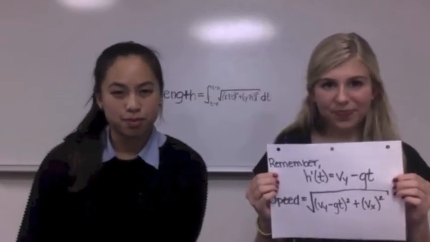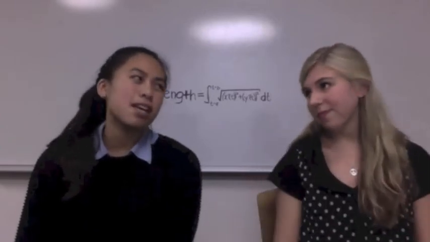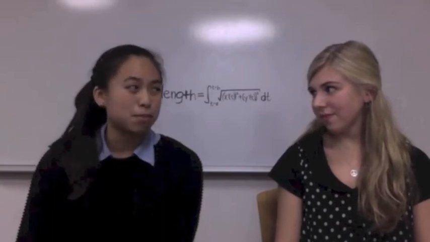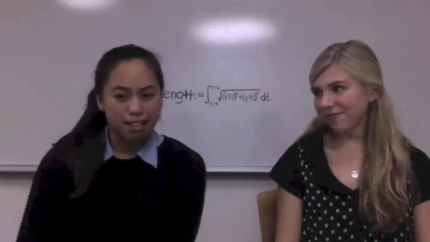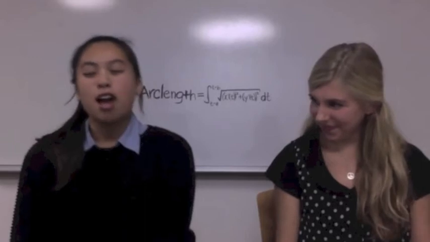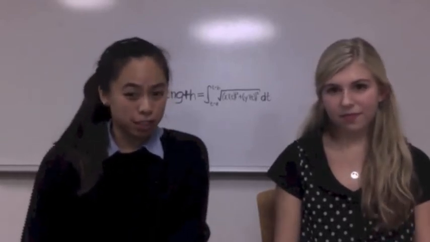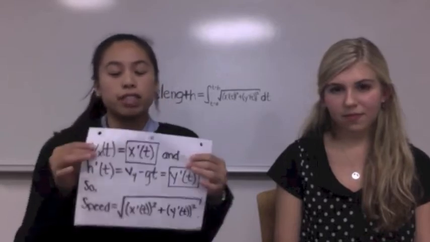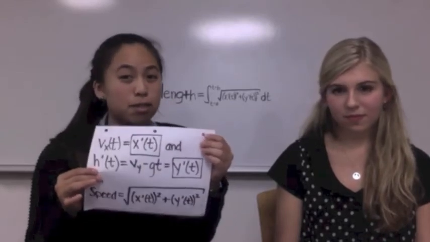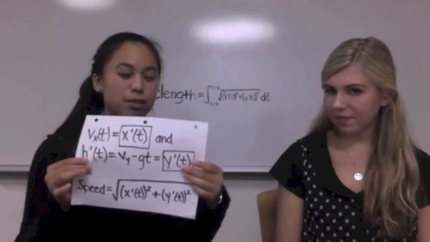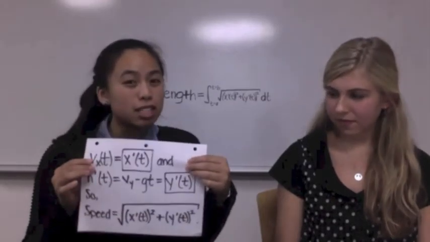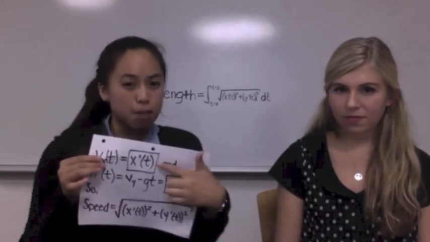vx being the horizontal velocity. Well, can't we simplify this in any way? I mean, we're talking about college basketball, not some math class. What do you suggest? Well, since we know that velocity is the derivative of the position function, we can say that the vertical velocity, which is our previous h prime of t, is equal to y prime of t, and that our horizontal velocity is equal to x prime of t.